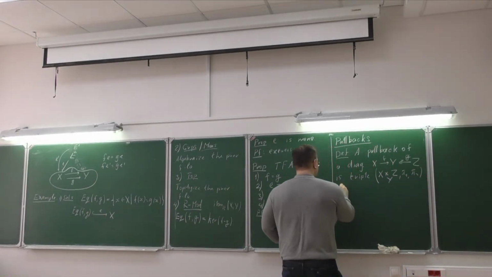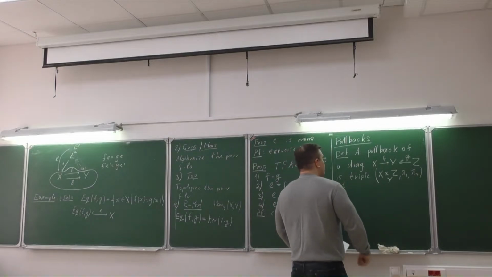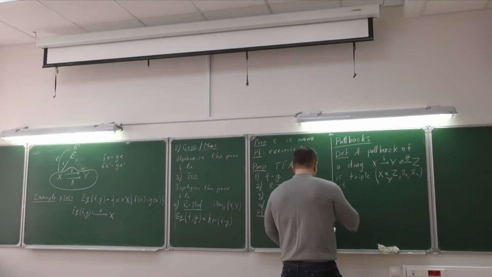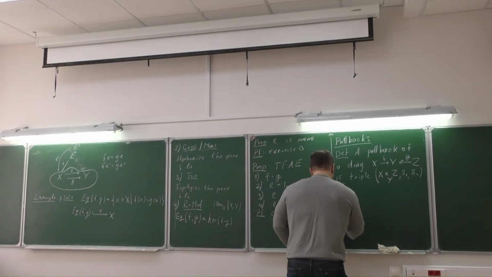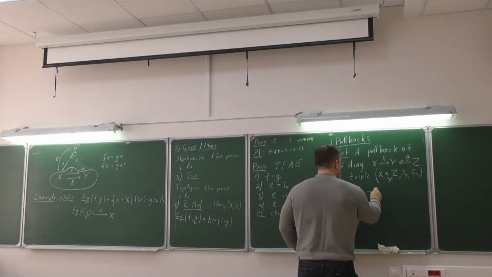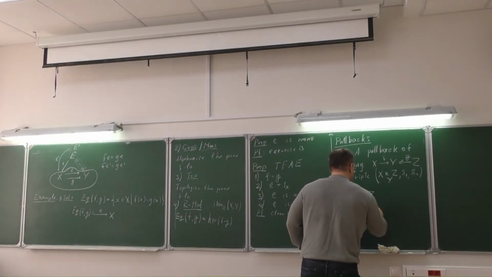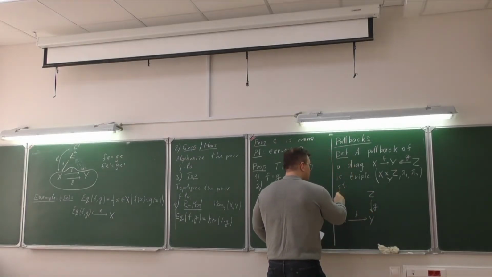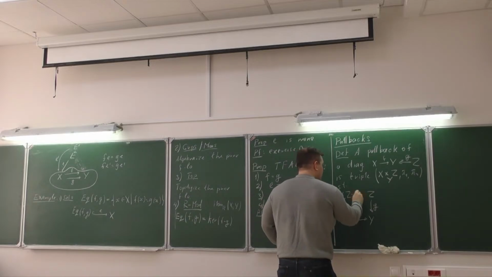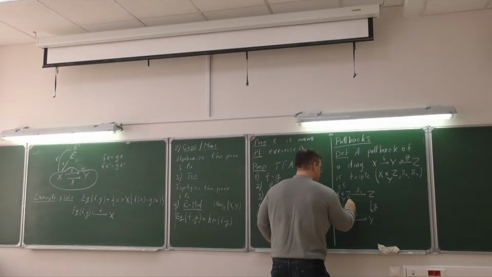Usually when we talk about pullbacks, we arrange this data a little bit differently. We arrange this as a square. So we have x, which is mapped to y, z, which is with the map g mapped to y, and then there is the pullback object with two projections, P2 and P1.